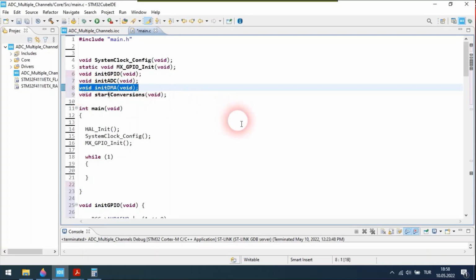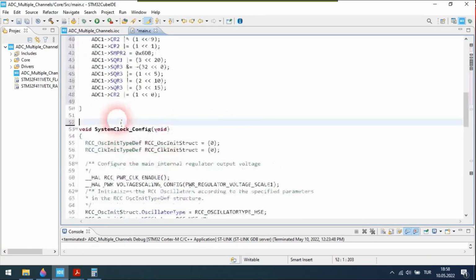ADC configurations are over. Now let's go on with DMA configurations.